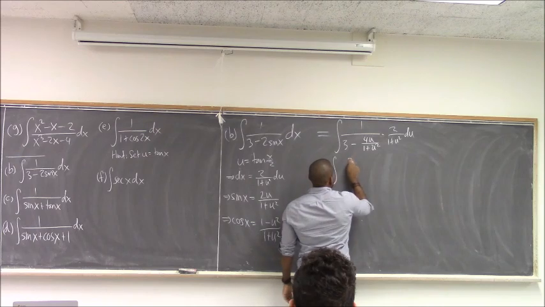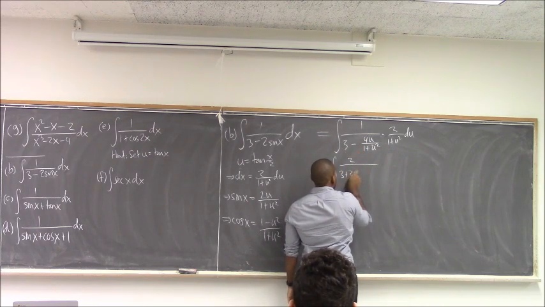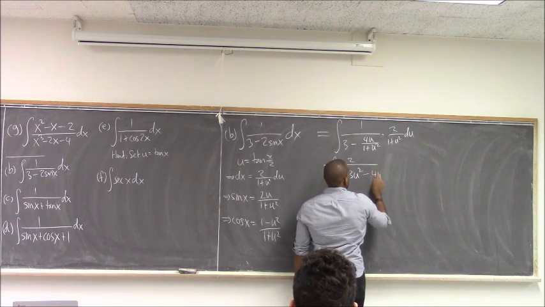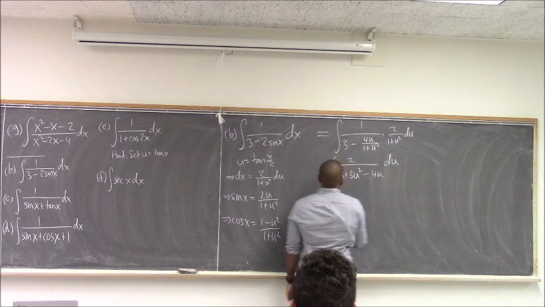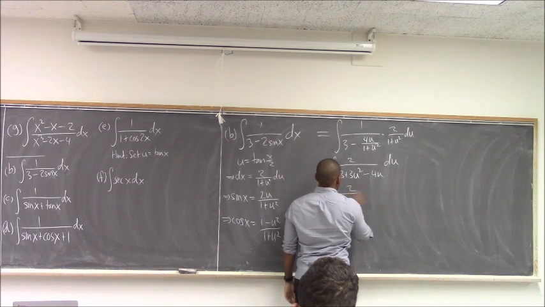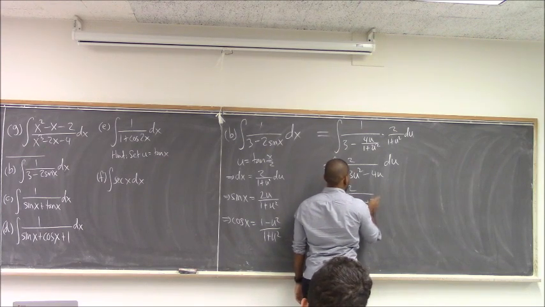So this is going to be 2 over 1 plus u squared times the 3, I get 3 plus 3u squared. 1 plus u squared times this, the denominators cancel, I just get minus 4u. And so now I have 3u squared minus 4u plus 3.